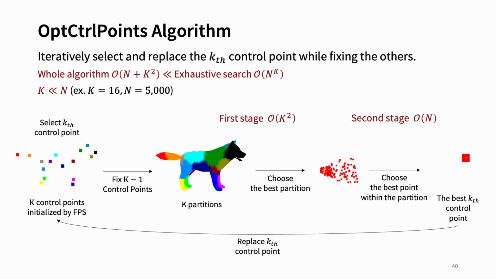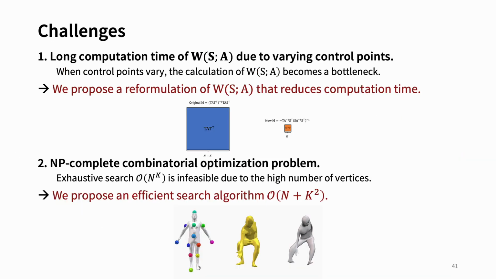When we run the whole algorithm, the total time complexity is O(n plus K squared). Our algorithm significantly reduces the computation time compared to the exhaustive search complexity of O(n to the K). So we address the first challenge with our reformulation and the second challenge with our efficient search algorithm.